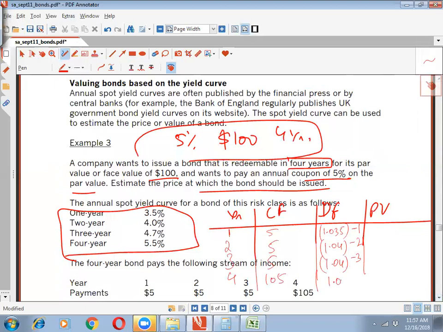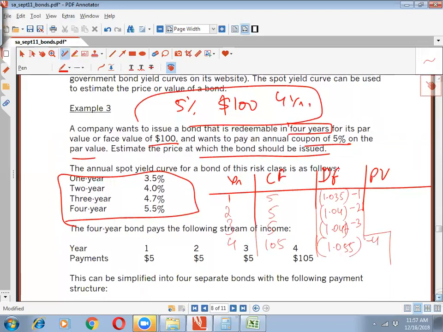It's going to be 1.055 power minus 4. So this is how you are actually going to discount them.